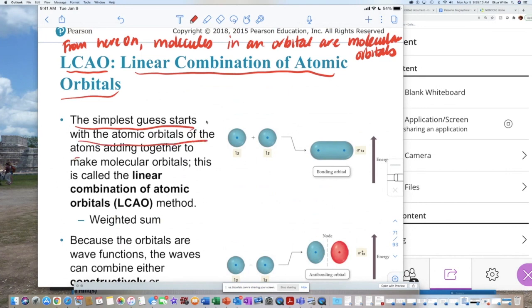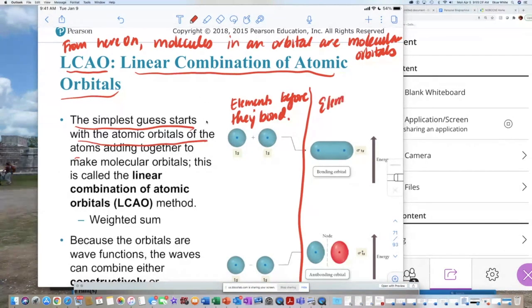So this is elements before they bond. And then on the right side, we have elements in bond. And of course, we call these molecules. Okay.